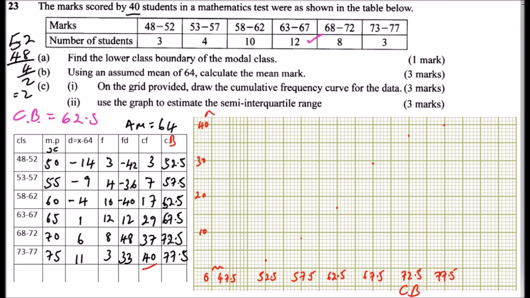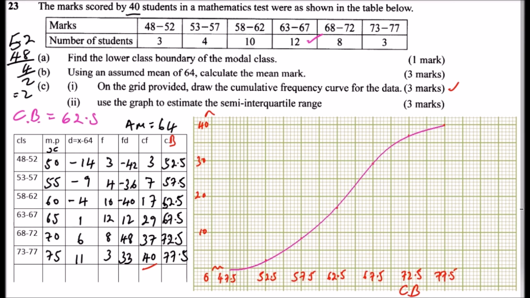So what we do is join these points to come up with a cumulative frequency curve, which we also refer to as an ogive. So that is our cumulative frequency curve, which we also call the ogive, and when you do that, you get yourself 3 marks. So the last part, use the graph to estimate the semi-interquartile range.